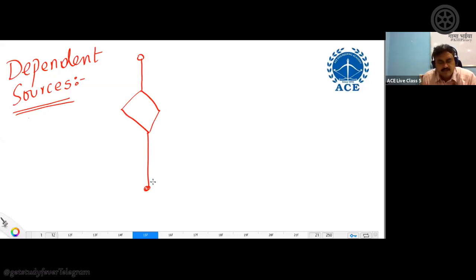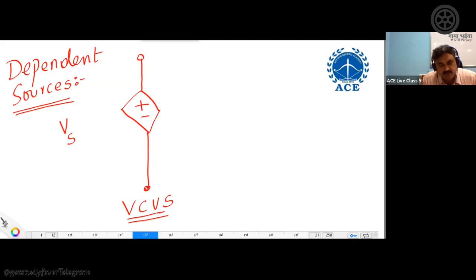This is one case. Suppose if I want to consider it as a voltage source, then I have to write plus minus. So this is some voltage source Vs. Okay, now this becomes a voltage controlled voltage source. What is the meaning here? When I say VCVS, it is called as voltage controlled voltage source.